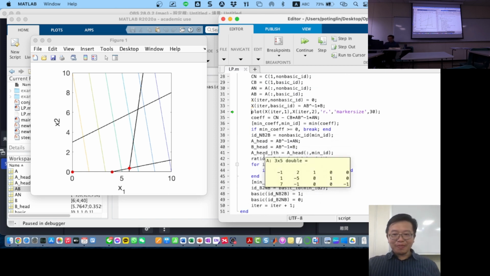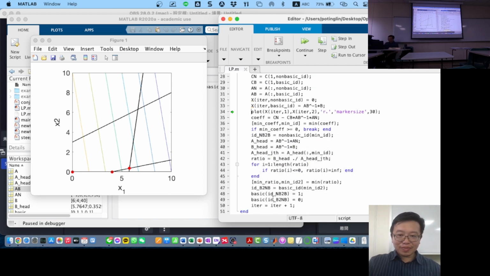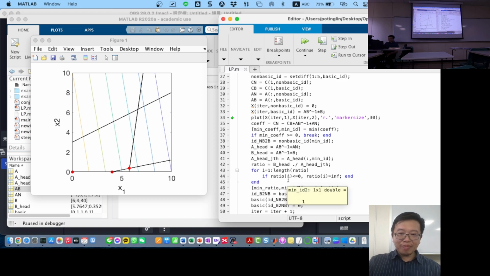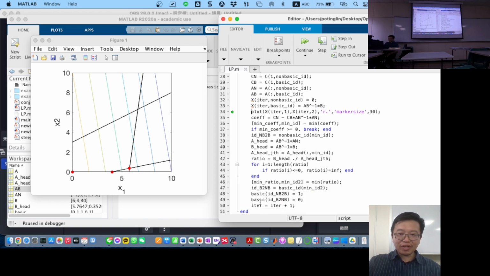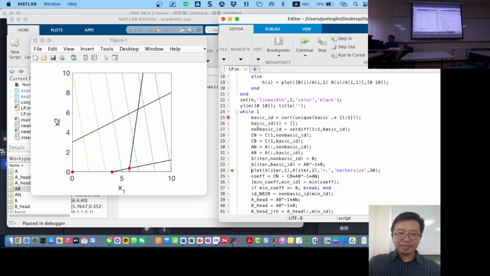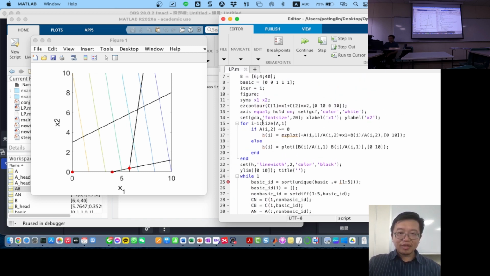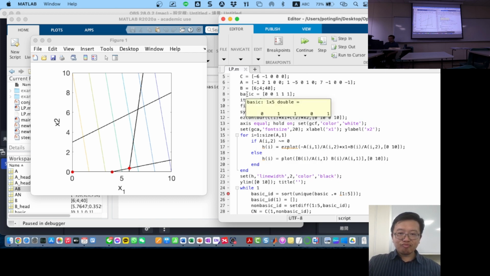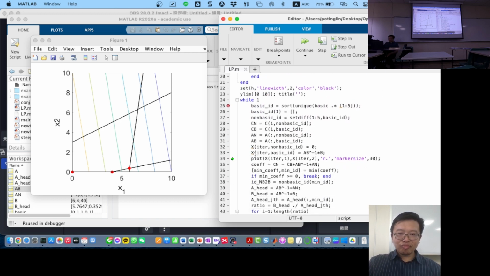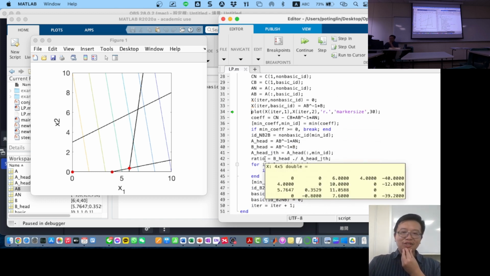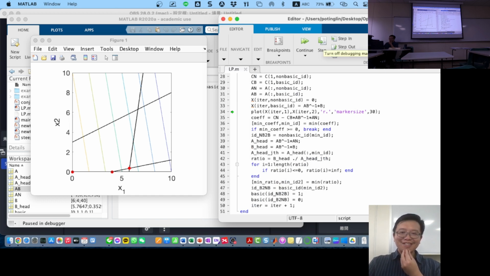Something went wrong this time. So the basic vector, where's the basic? Is it not solvable? Let me formulate by myself, just in case.